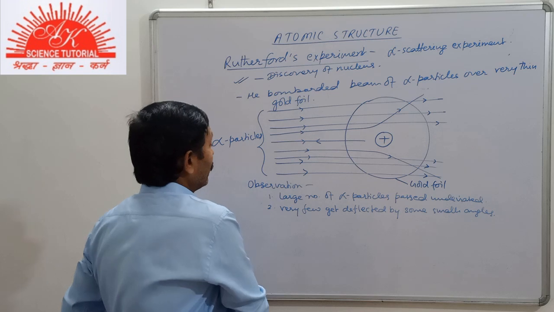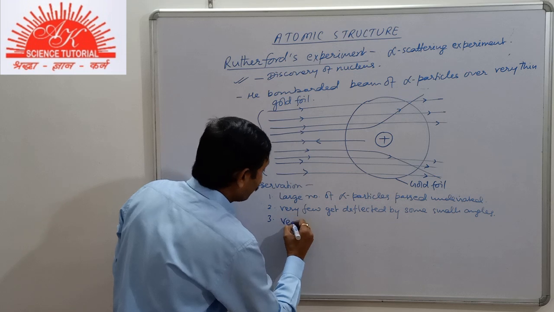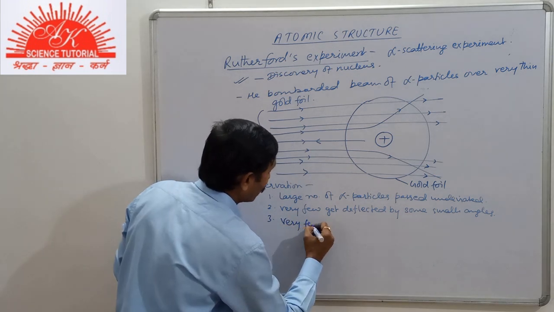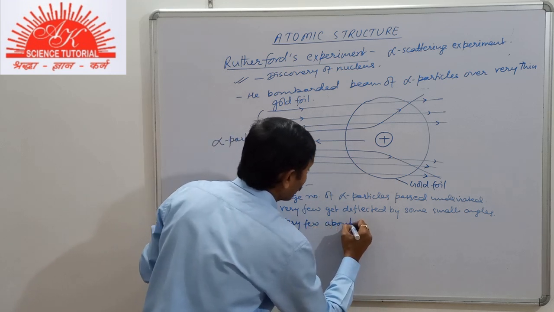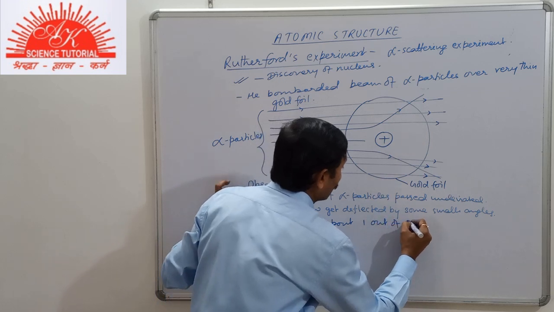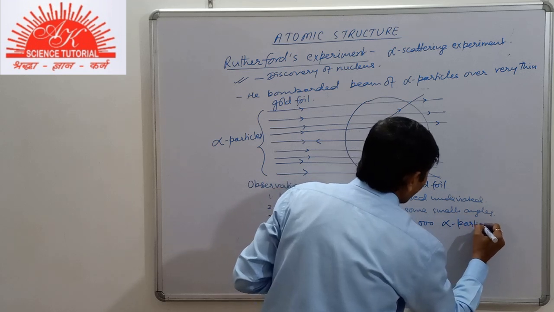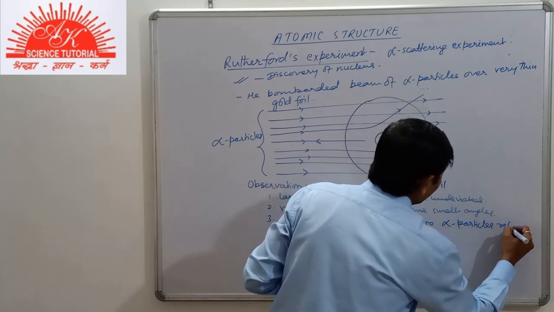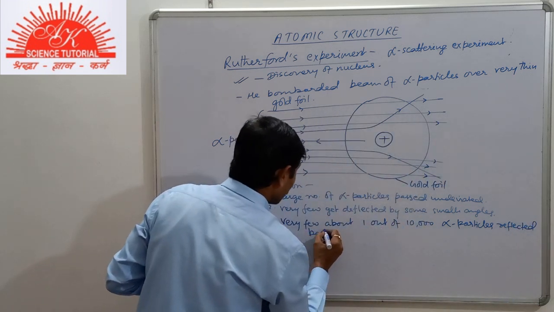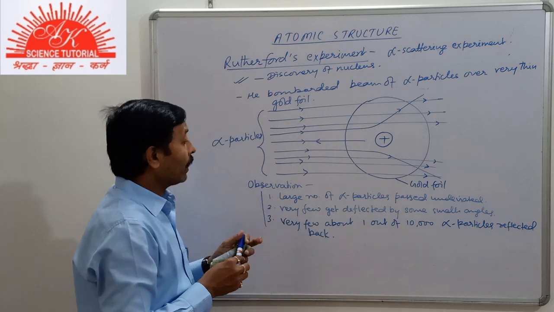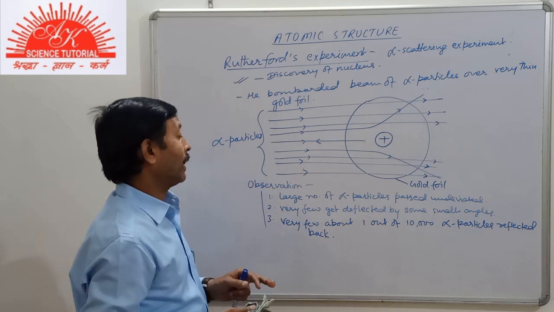And finally, the third one, very few, about 1 out of 10,000 alpha particles, are reflected back. So these were the three major observations made by him on the basis of his experiment.